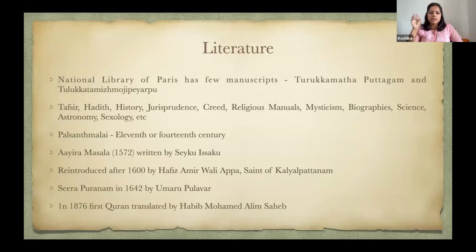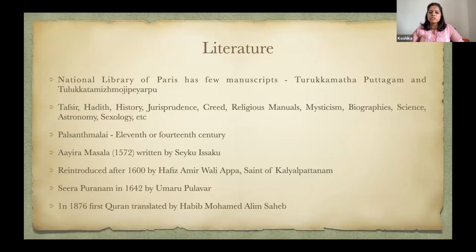The writers wrote manuscripts about religious manuals, biographies, science, astronomy, sexology, and even medicine. So the script was not only used for religious purposes, it was used for commercial purposes. It was used to write a lot of poems, and poetry was also created using this literature.